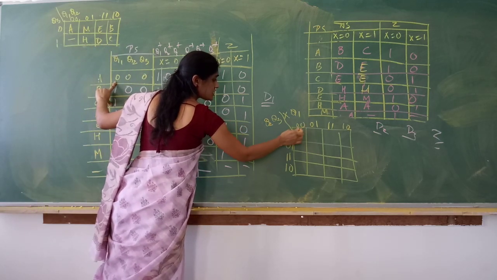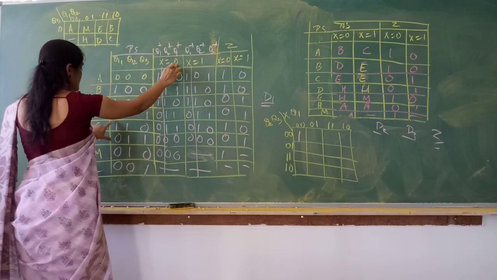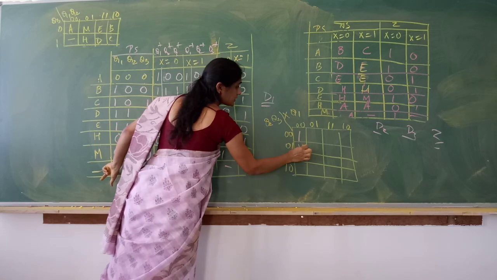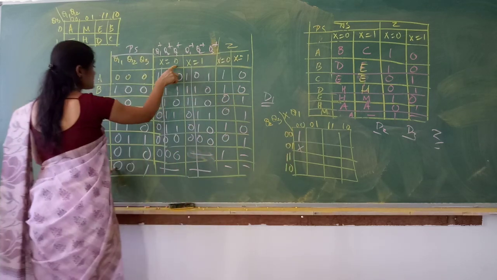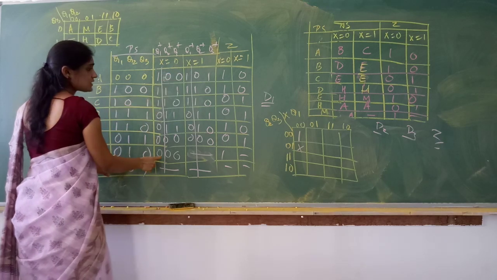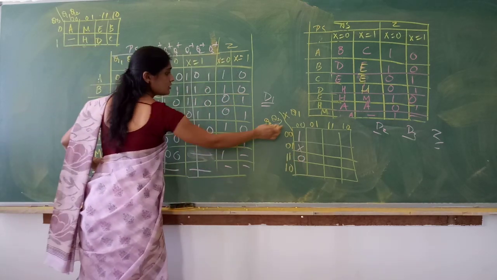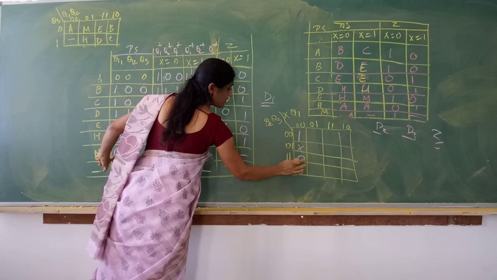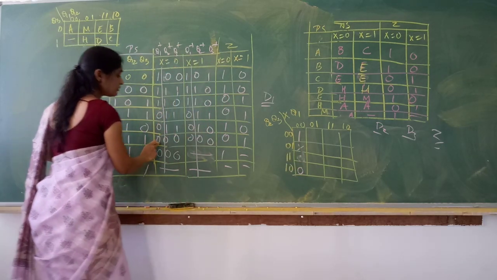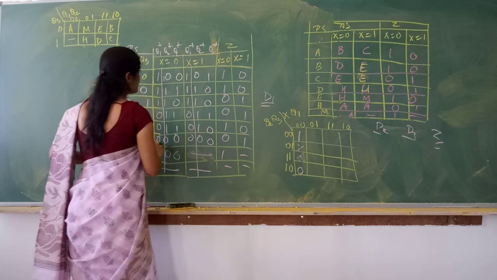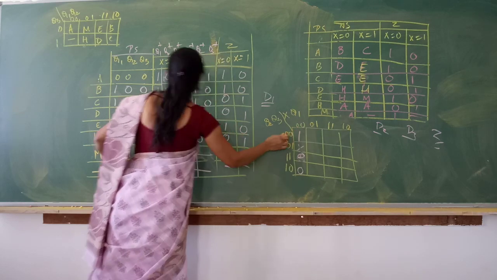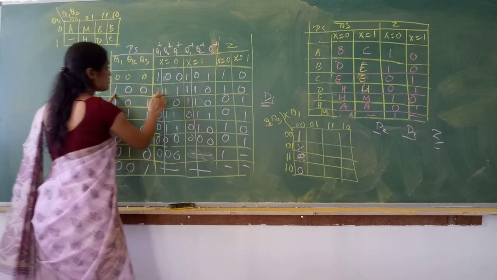Next, 0, 0, 0, 1 is don't care. Then 0, 0, 1, 0, and so on. What is D? Q1 is what? 0. Like this, next, 0, 1, 0, 0, it is 1.